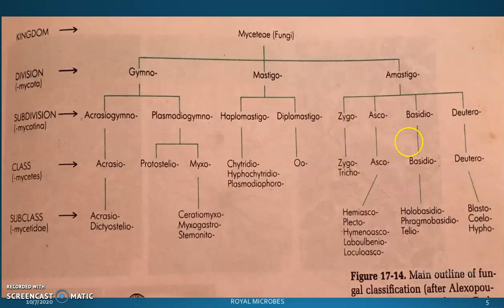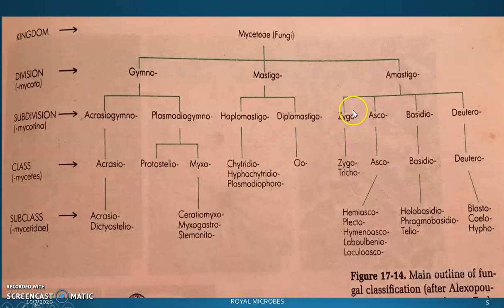And this is the fungal classification. Here we can see the kingdom Mycetae or Fungi. It is divided into divisions called Gymnomycota, Mastigomycota and Amastigomycota. These are further divided into subdivisions: Gymnomycota into 2 subdivisions, that is Acrasiogymnomycotina and Plasmodiogymnomycotina. Then Mastigomycota is divided into Haplomastigomycotina and Diplomastigomycotina.